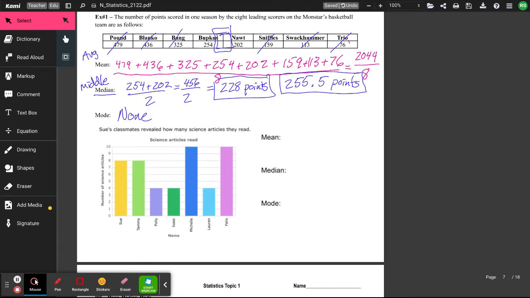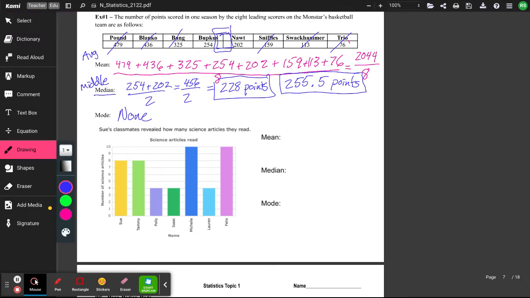We can take a look at the bar chart below. It represents the number of science articles read. On our vertical axis, we have the number of science articles, and then we have the name of each individual person. So the first thing we need to do is find the mean. That's going to be the average. 8 articles, 8 articles, 4, 4. Michelle read 10, another 4, and then Felix also read 10. So we're going to add the number of articles read by each student. 8 plus 8 plus 4 plus 4 plus 10 plus 4 plus 10.